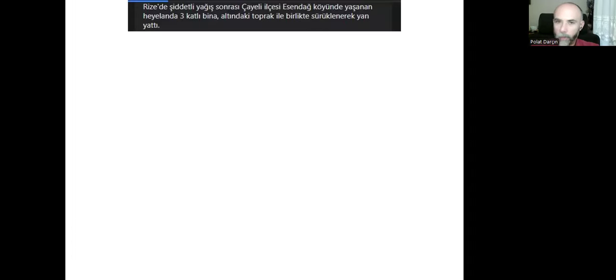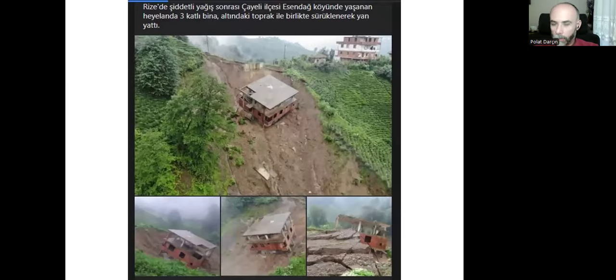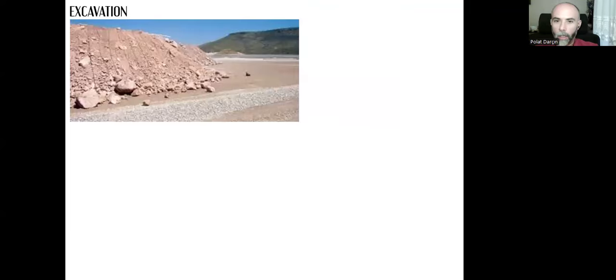And if there's a building there, again, there is this risk of collapsing or sliding altogether. That's the main risk in the north side of Turkey. If we excavate the ground with these sloped sides, they can stay like that. But if you keep it vertical like this, there's this risk of sliding or toppling.